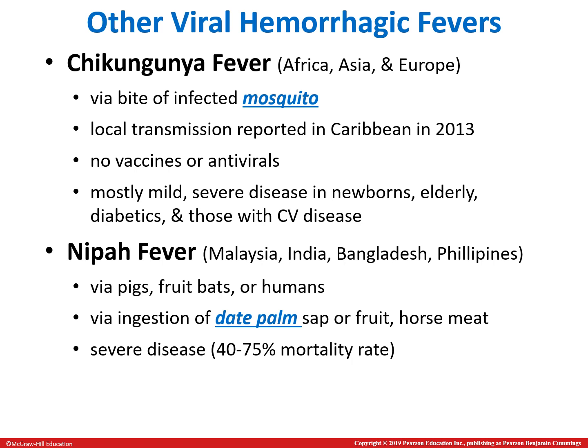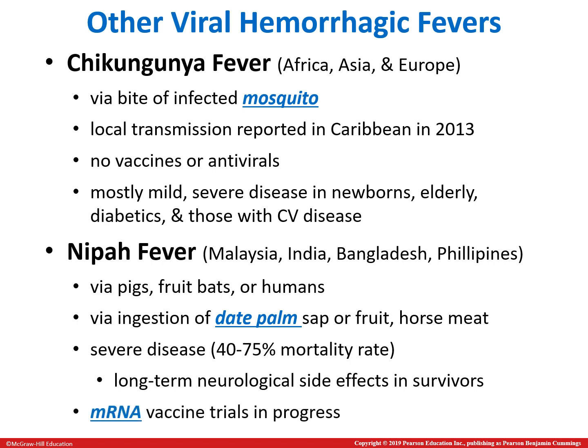So it's a really interesting disease, but it can cause very severe disease and has up to a 75% mortality rate. If you survive, typically you're going to have very long-term neurological problems, everything from personality changes to severe fatigue, seizures, things like that.